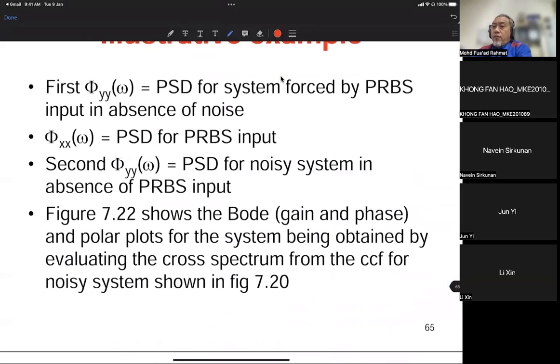You can see that phi YY is the power spectral density for the system forced by PRBS input in the absence of noise, the noise equal to 0 line. Psi XX omega is the power spectral density for the PRBS input, and psi YY omega is the PSD for the noisy system in the absence of PRBS input.